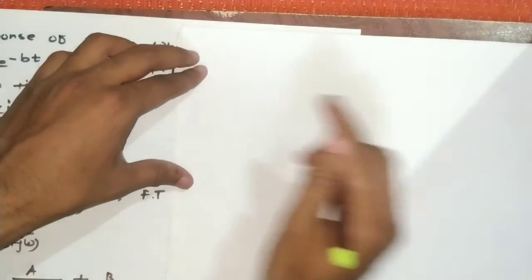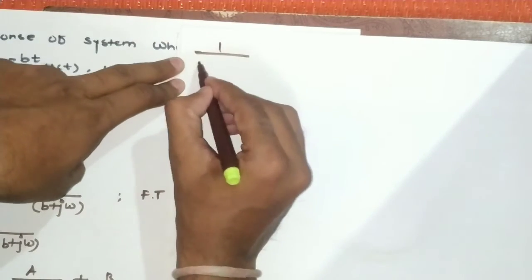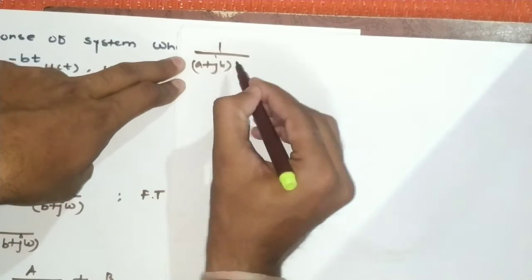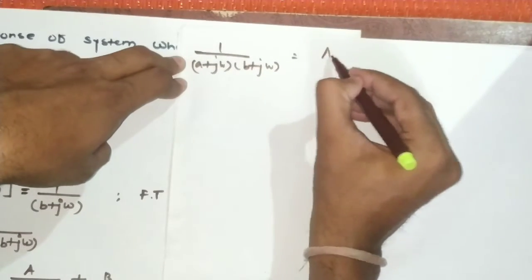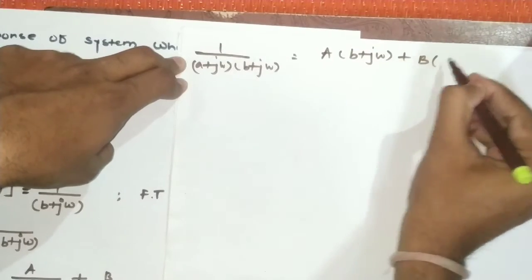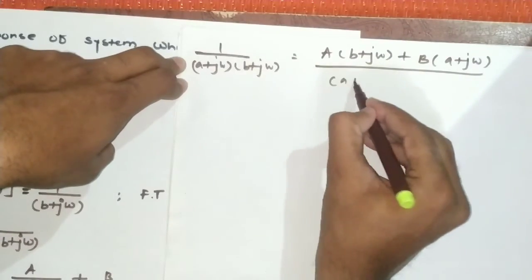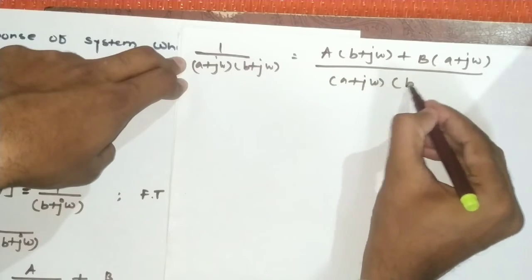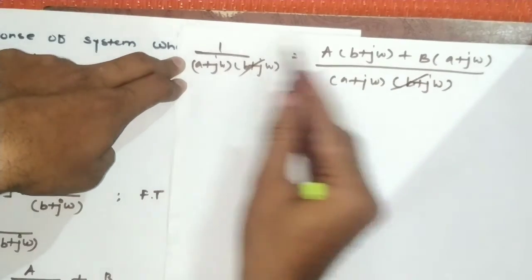Here it is. This simplification holds: 1 upon a plus j omega into b plus j omega is equal to, by cross multiplication, A into b plus j omega plus B into a plus j omega, upon the multiplication a plus j omega into b plus j omega. Now this term will get cancelled and we are left with this one.